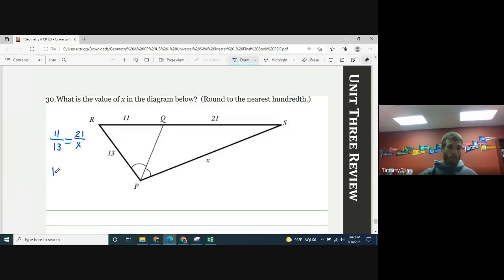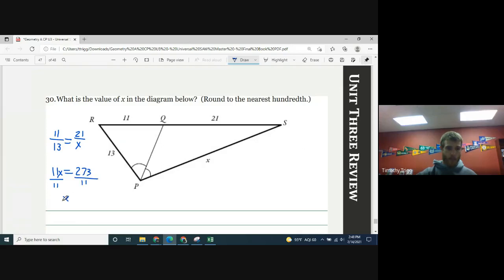Cross multiply. 11 times x is 11x. 13 times 21, 273. To get x by itself, we go ahead and divide both sides by 11.